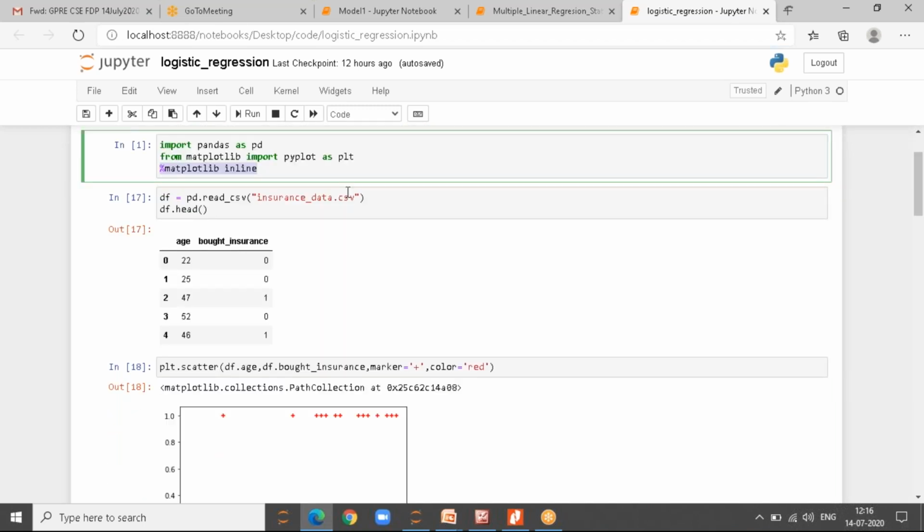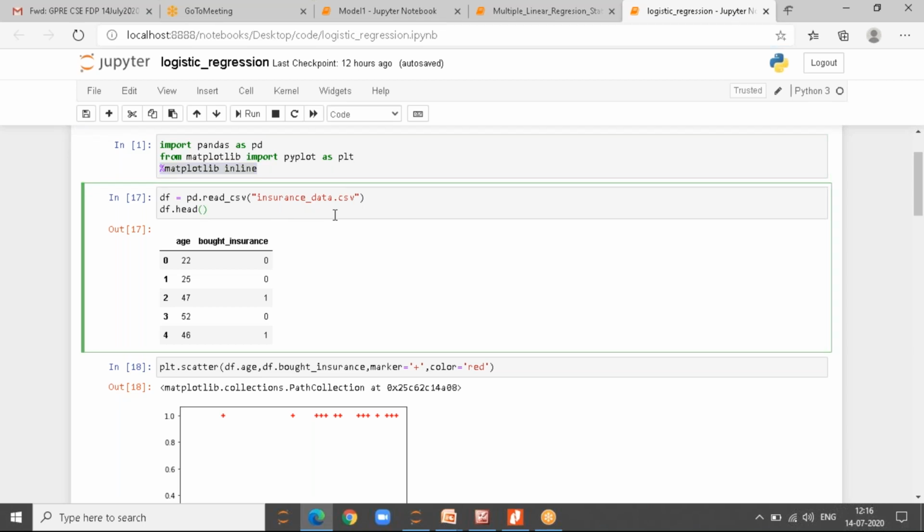That's all, right? So just read underscore CSV. I am reading the data set. I want to know what data it has first, so by calling the function df.head, I got the first 5 rows present in my data set.